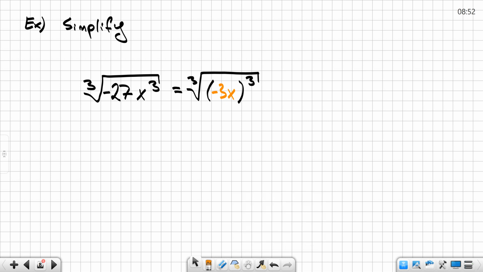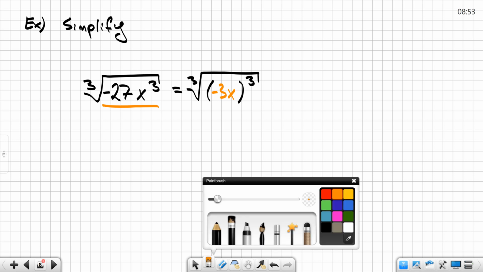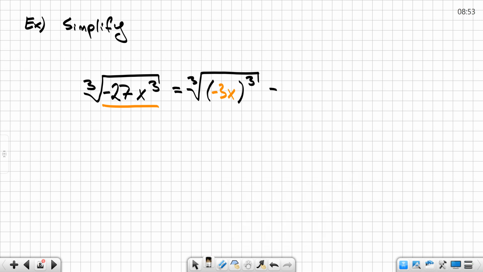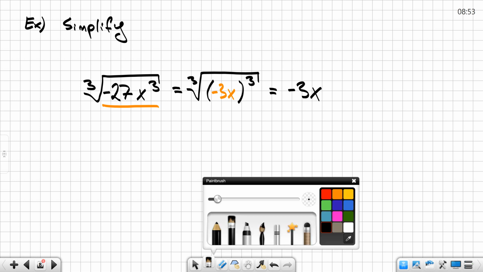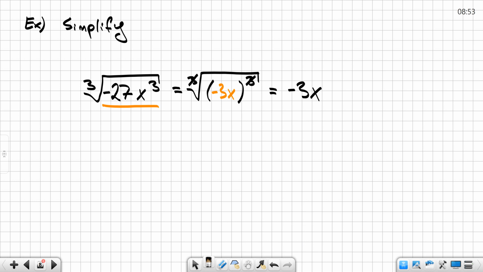Notice that a negative 3x to the third power is negative 27x cubed. These were the rules of exponents, and this is why we had to talk about those beforehand. Now I can just open up this whole radical, and I get the negative 3 times x. No absolute values necessary. You may think about this like this, that this 3 and this 3 are kind of canceling each other out, which really is what is happening here, but we will have to wait a section to see why this is so.